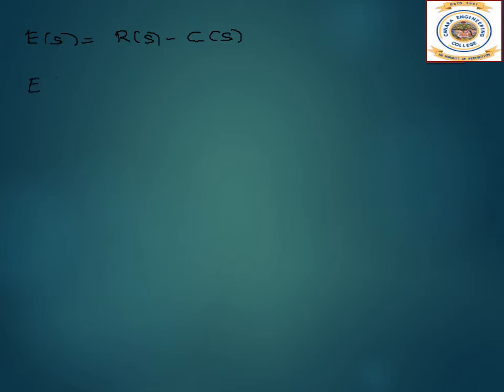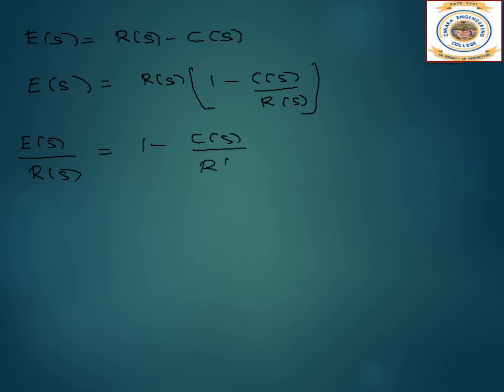So E of s will be equal to, let me take R of s common here, 1 minus C of s by R of s. So E of s by R of s we get as 1 minus C of s by R of s.